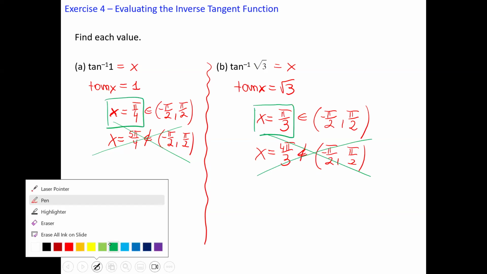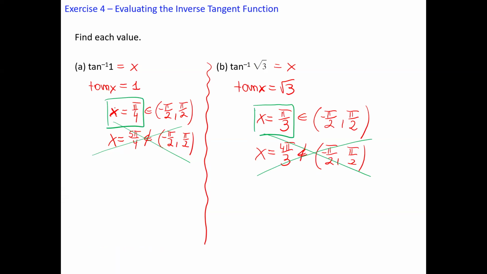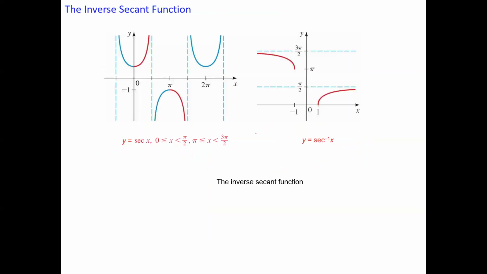Let's use a different color because the green is a little bit off. Okay, beautiful. That's when we know the graphs, and I also have secant. We will not go crazy using this, but definitely inverse sine and inverse tangent, arcsine and arctangent. That's the secant, that's the restriction, and this is the inverse.